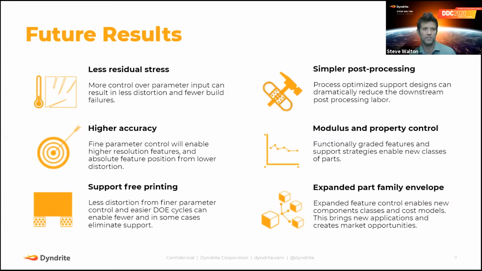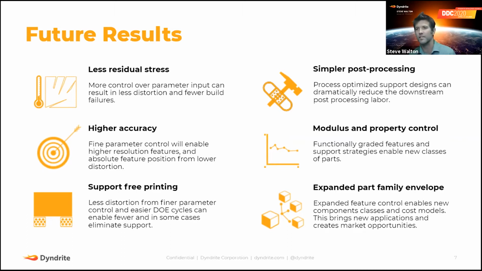Eventually, we'll be able to get to support-free printing, as has already been demonstrated by several people in the industry today. But this requires much finer parameter control and easier DOE cycles just to do the studies to be able to then implement that on final parts.